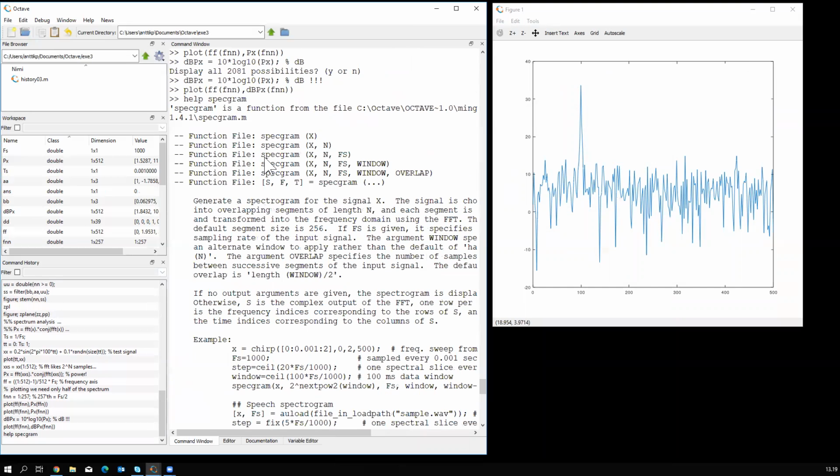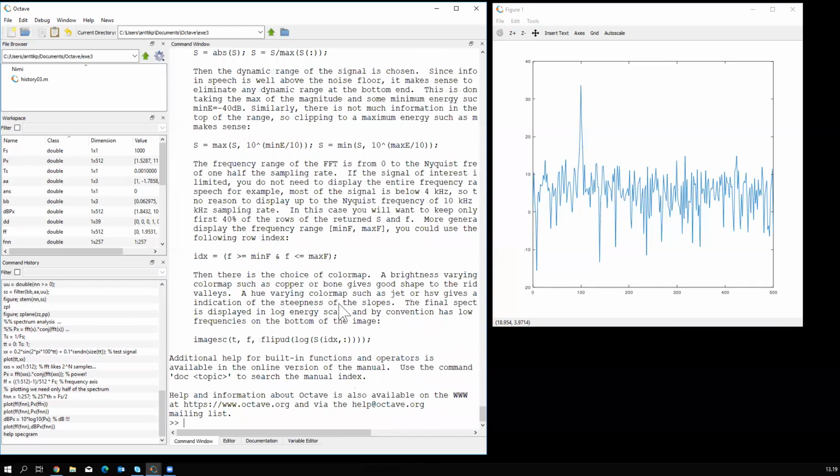Spectrogram: data, how many points, and then sampling rate. The spectrogram calculates lots of these spectra and puts them in color scale.